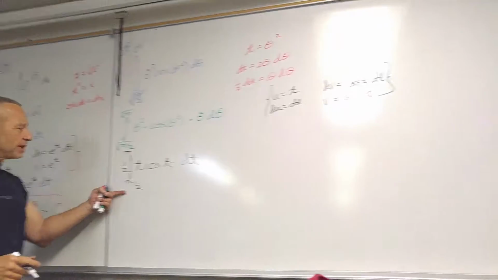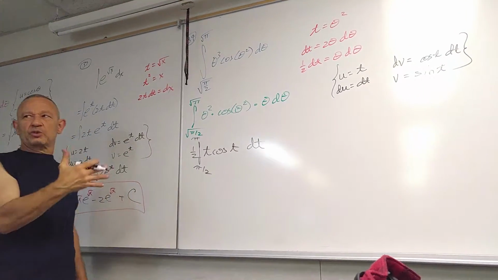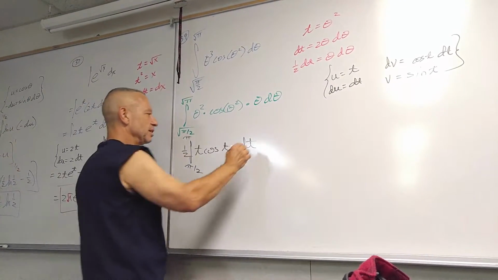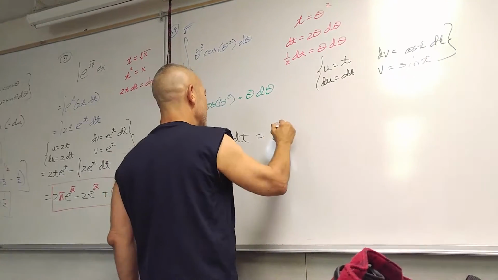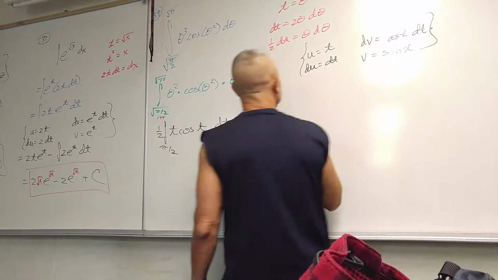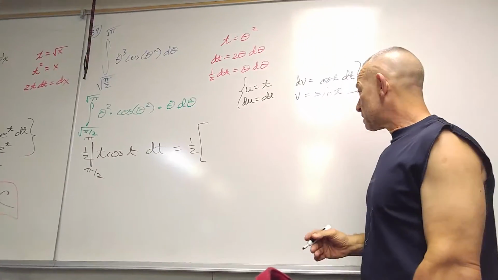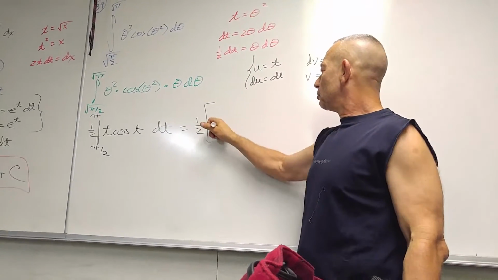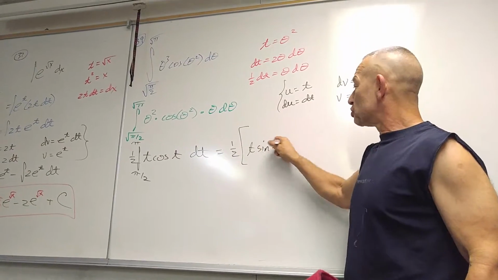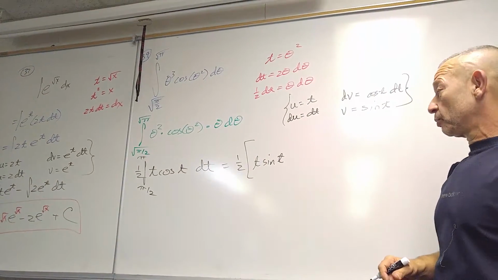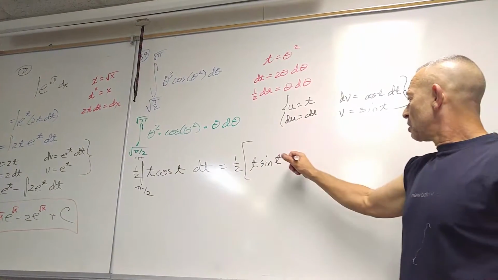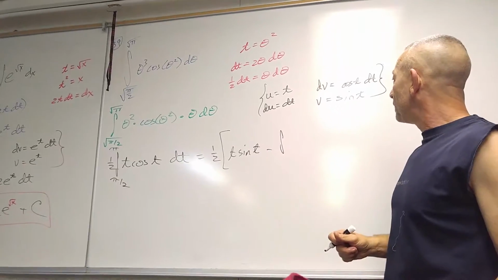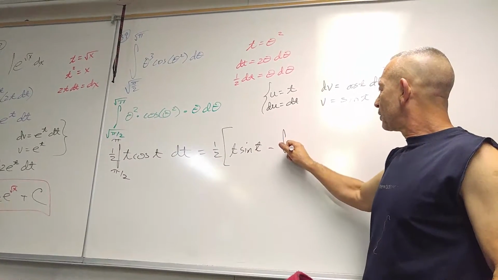So limits of integration don't change because we're not really going to u and v. This is 1/2, and now we're taking the inside of the integral and switching that to u times v, but notice we write it with the original variables, so we'll stick with the original limits of integration, minus the integral of v du dt.